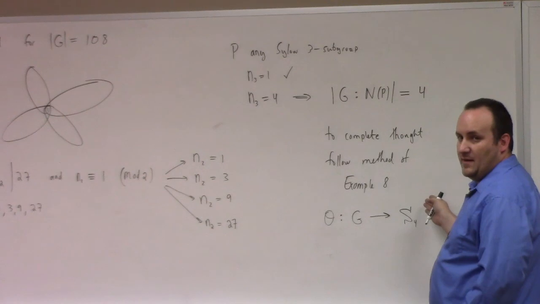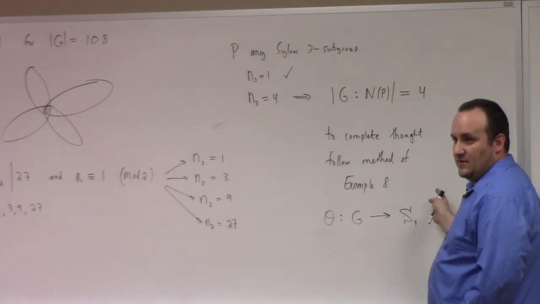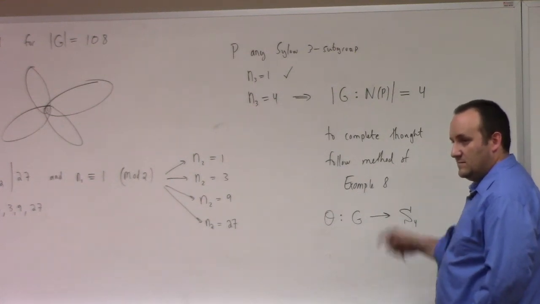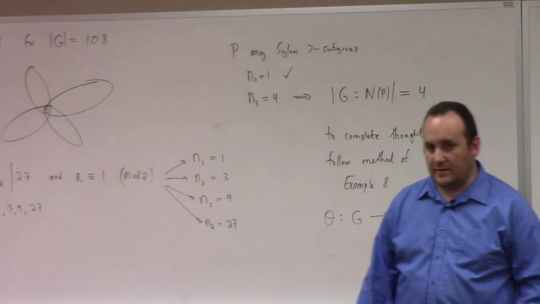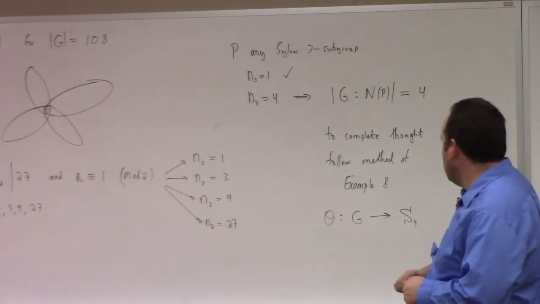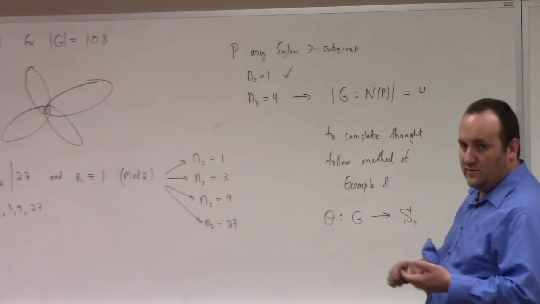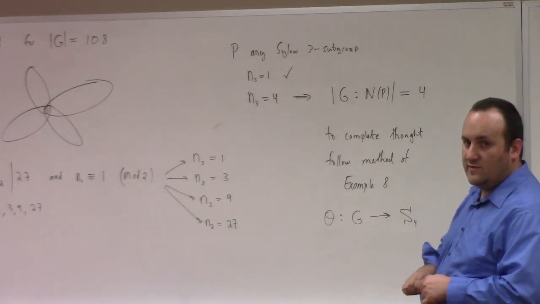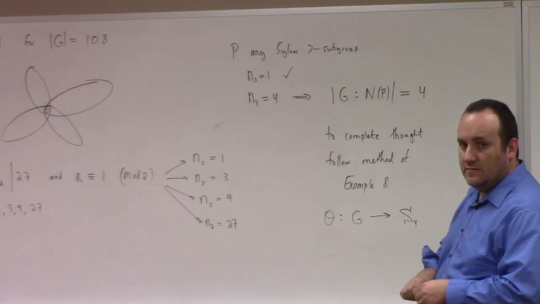So this map has to have a non-trivial kernel. It's got to send more than one thing to the identity, and consequently the kernel is a normal subgroup. Because it's a homomorphism, the kernel is a normal subgroup of G, which is not everything.